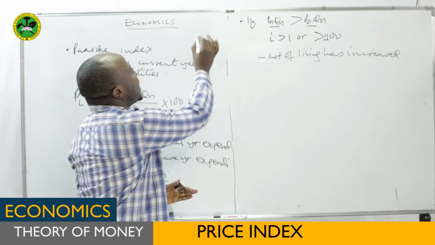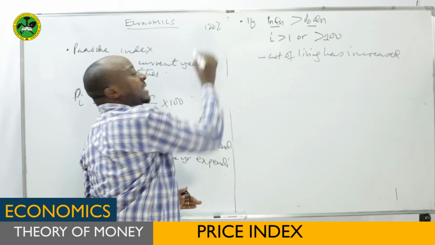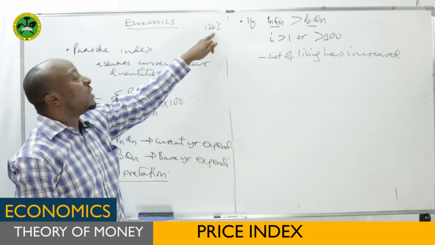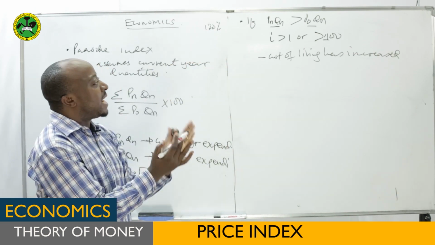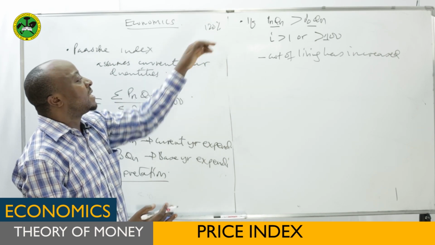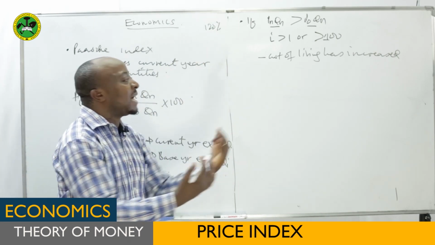For example, if you get the answer 120%, it means the cost of living has increased by 20, because you expected 100 if it were the same, but now it has increased by 20. So this 20 implies the rate at which the cost of living has increased.